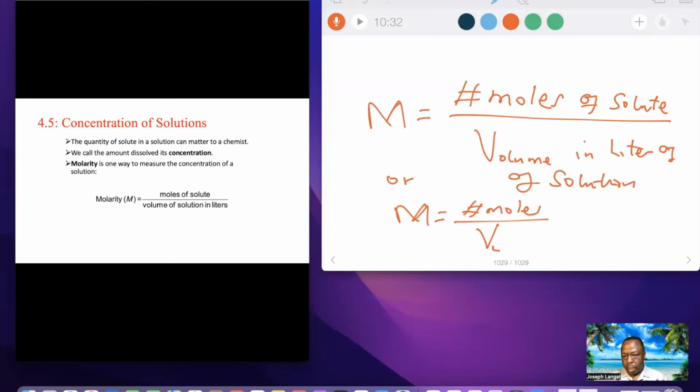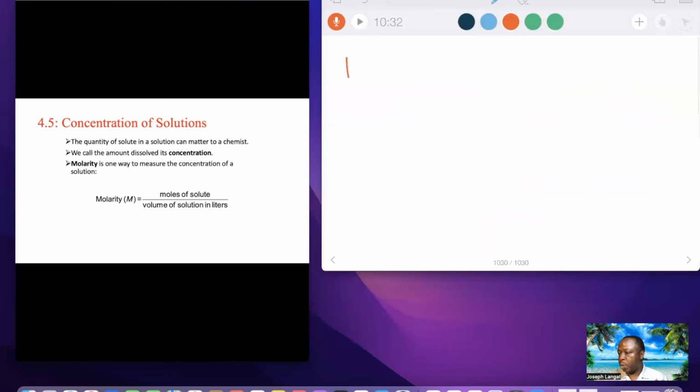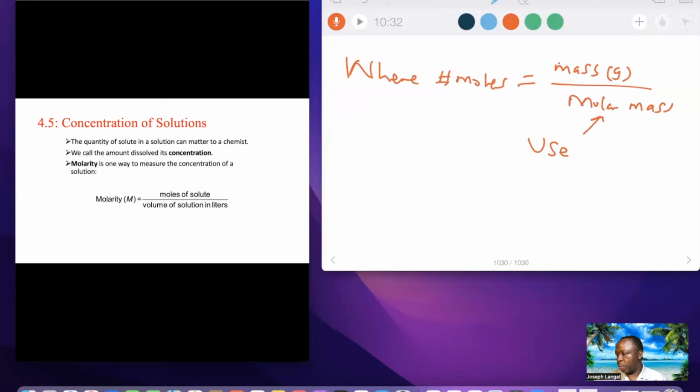There are other equations you need to remember. It's not going to be a one-stop shop where you are given the number of moles. The top part, if not given, you have to use this equation: mass in grams over molar mass.